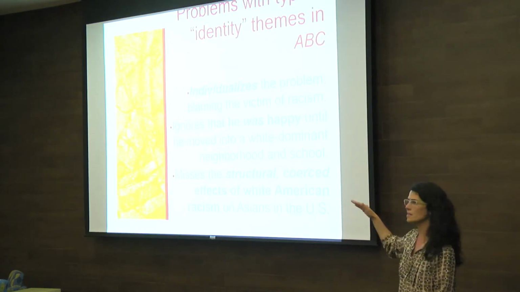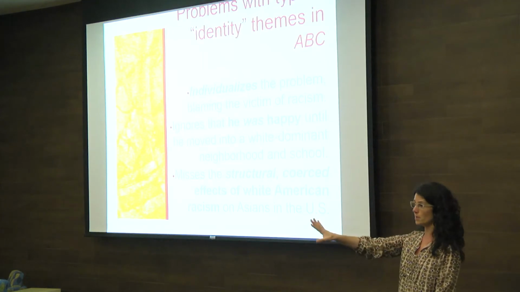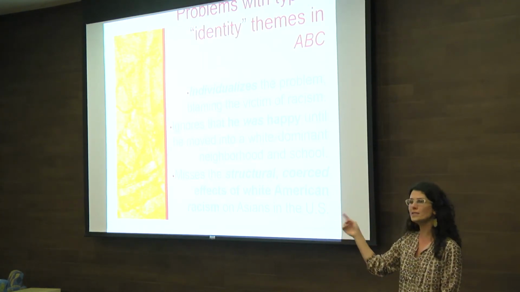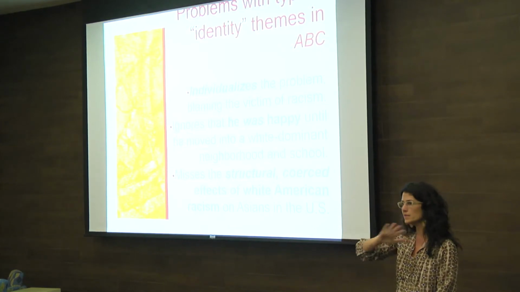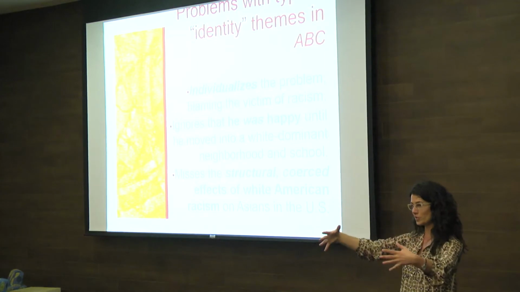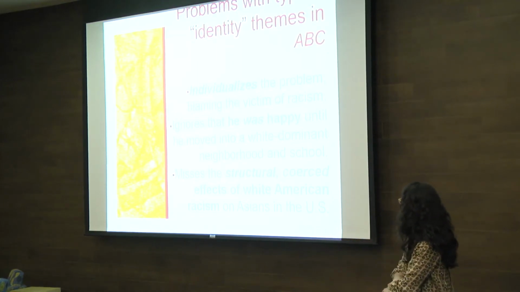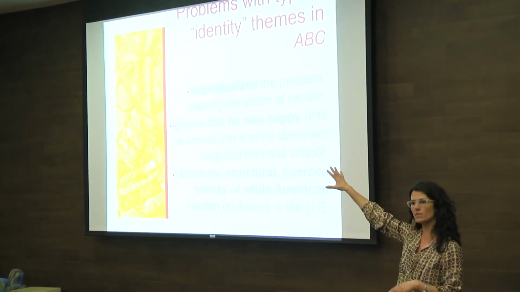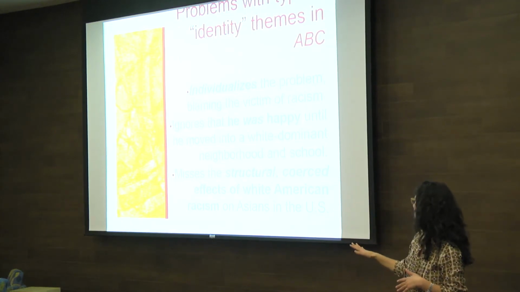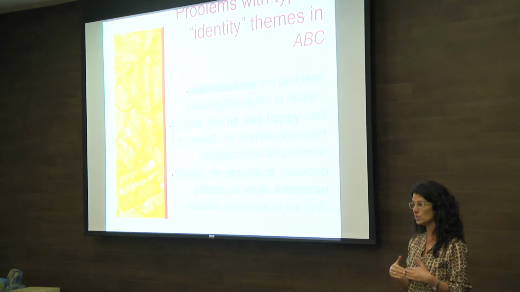It ignores that this young boy was very happy with his Chinese identity until he moved into a white-dominant neighborhood and school, and whiteness is never mentioned in the book at all, even though it's the dominant, coercive force in the novel. And this explanation of the other versions of theme miss the structural coerced effects of white American racism on Asians in the US.